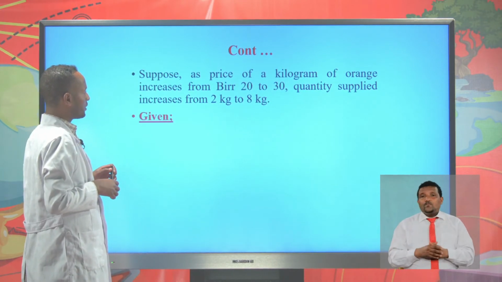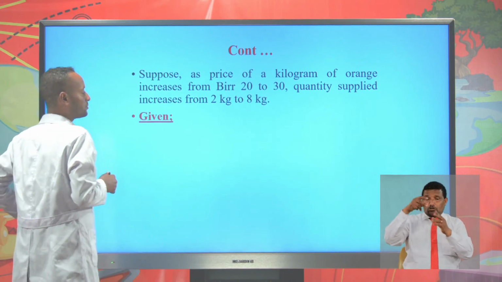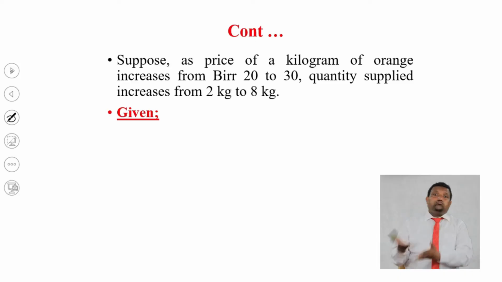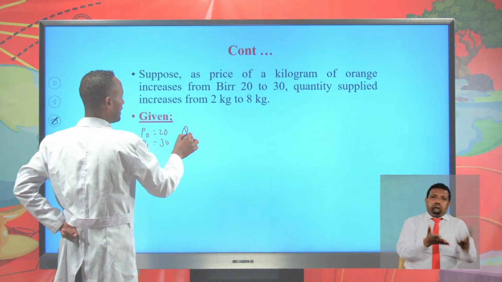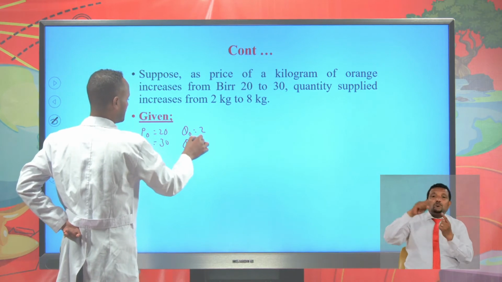Suppose the price of a kilogram of orange increased from 20 to 30, then quantity supplied increased from 2 kilograms to 8 kilograms. That means the price was initially 20 birr and finally increased to 30 birr. As a result, quantity supplied increased from 2 kilograms to 8 kilograms. That means Q was initially 2 and finally increased to 8.